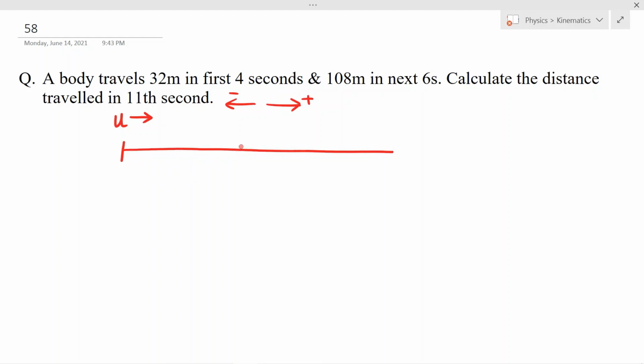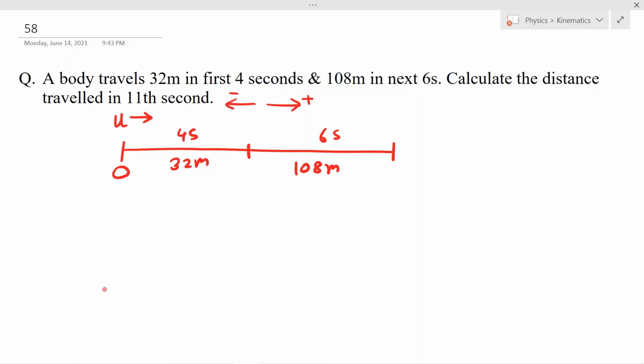So this travels 32 meter in first 4 seconds. Let's say this is the origin, and 108 meter in next 6 seconds.